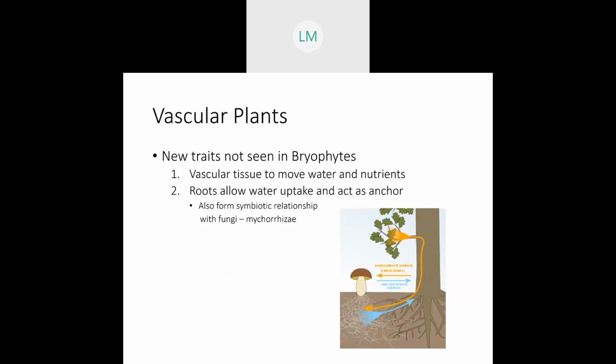And the plant, in turn, is going to provide food for the cells of the fungi. Fungi cannot make their own food. They are heterotrophic. So they're getting food from the plant, but providing nutrients to the plant, this mutualistic symbiotic relationship that happens down here at the roots. So with the evolution of roots, we allowed for this evolution of this symbiotic relationship.